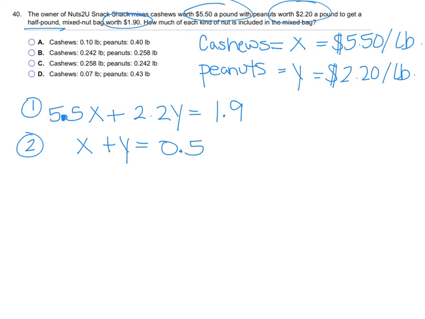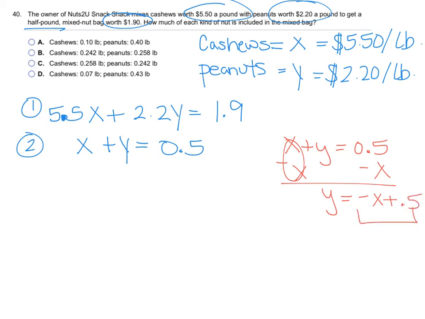To solve, I'm going to use the substitution method. You could use the elimination method if you want, but I think the substitution method will be a little bit easier. So I'm going to choose the second equation, x plus y equals 0.5, and I'll solve for y. So I'll subtract x on both sides, and I get y equals negative x plus 0.5.